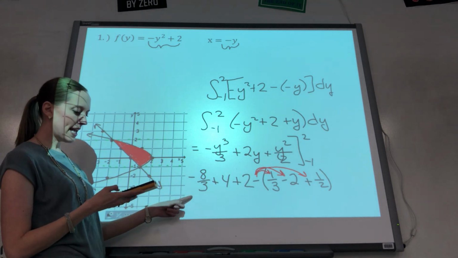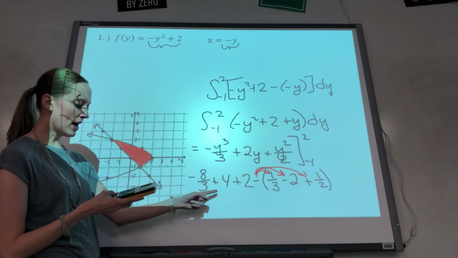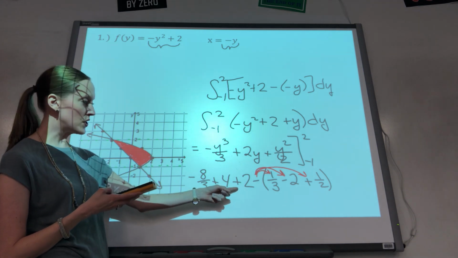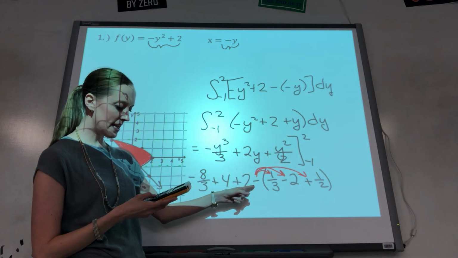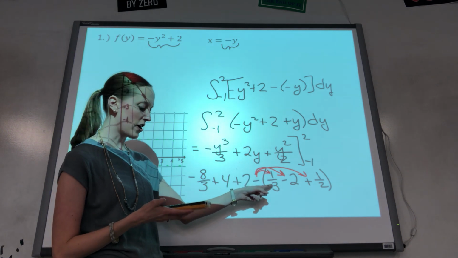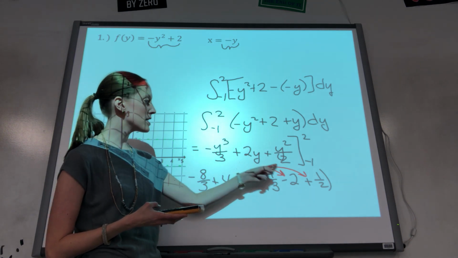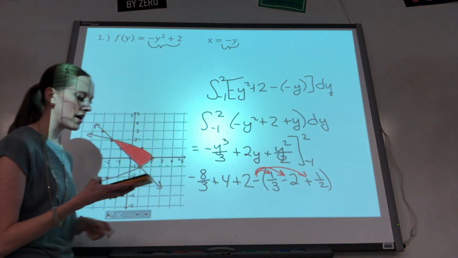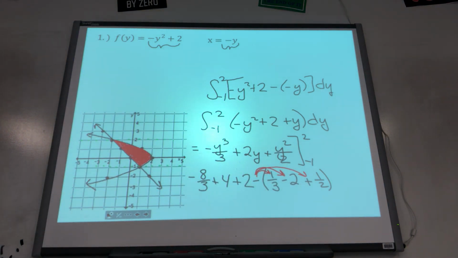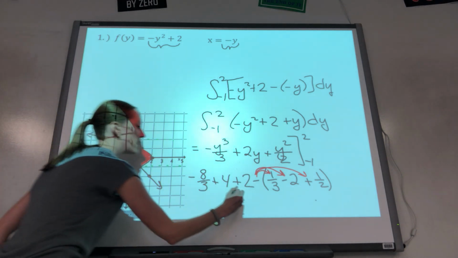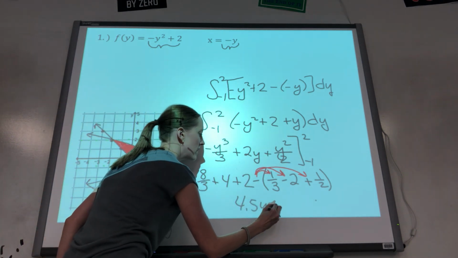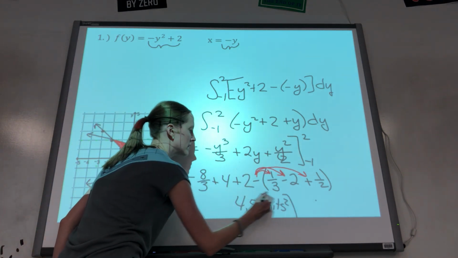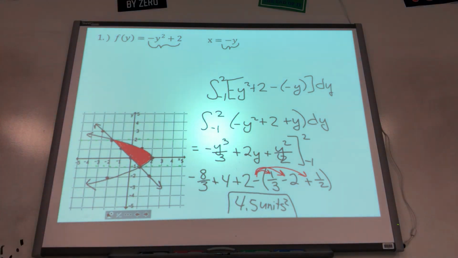So I've got -8/3 plus 4 plus 2 minus 1/3. This is going to turn into +2 and then minus 1/2. All together, that gives me 4.5 units squared. That would be the area of our region.